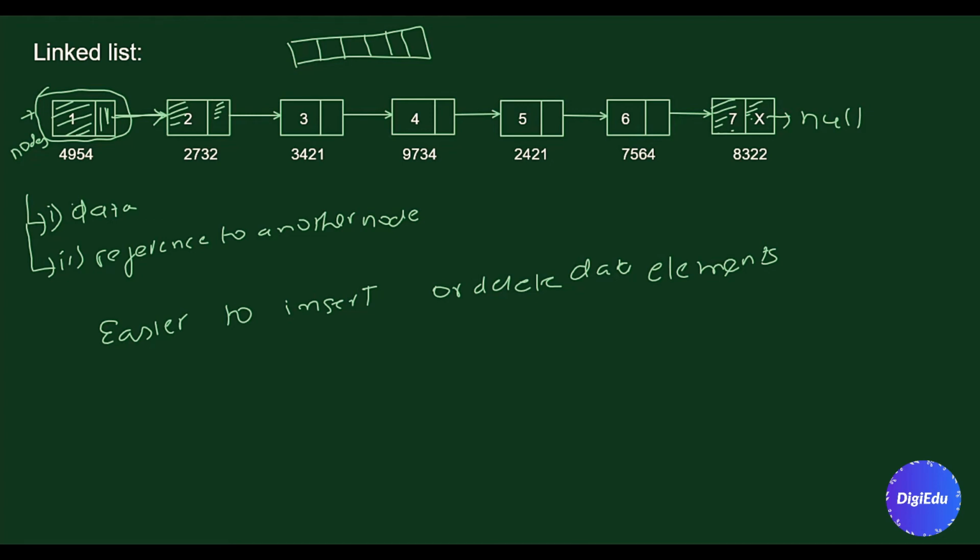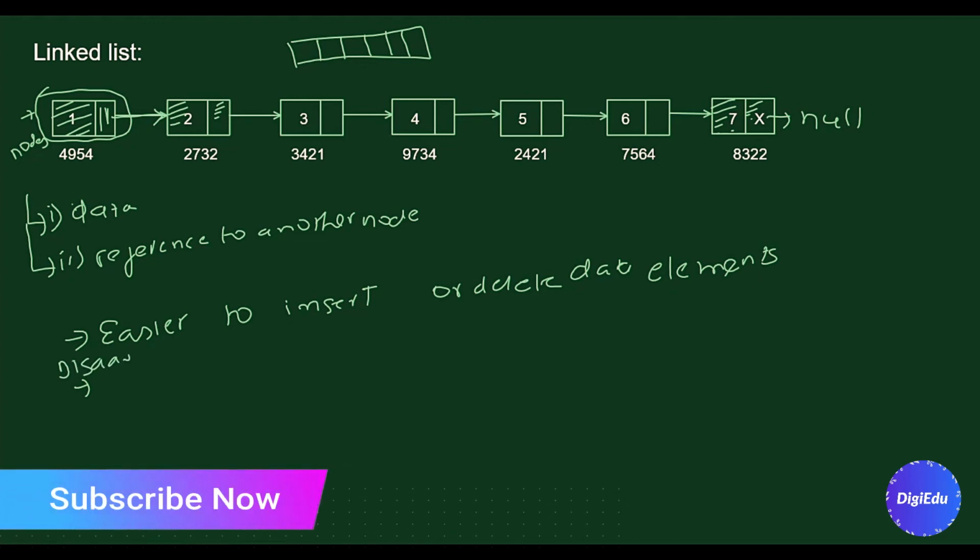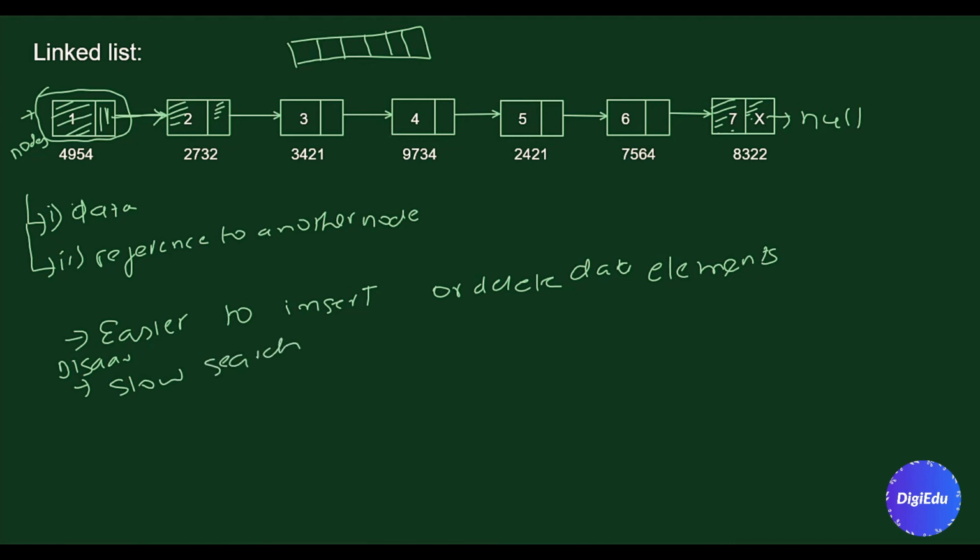But the disadvantages we have with a linked list are a slow search operation and that it requires more space. So it's going to require more memory space. So these are the advantages and the disadvantages of linked lists.